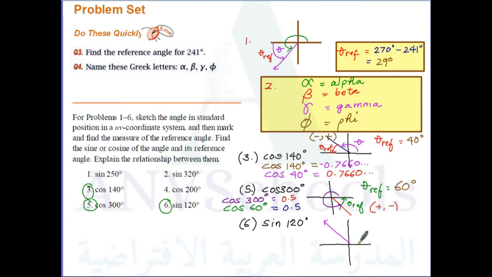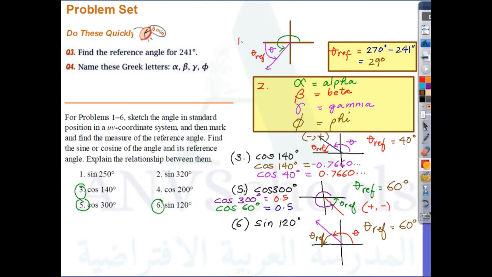So this is my theta, and this will be my theta ref. So what is my theta ref? My theta ref here is equal to 180 minus 120, that would be 60 degrees. It's my theta ref.